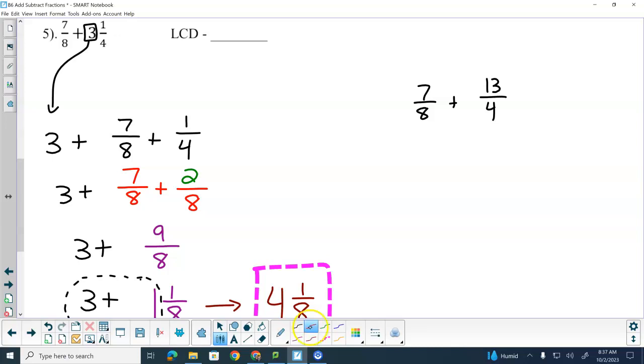Then this would be 26, which would be 4 and 1. Okay. So either way, okay. Alright?